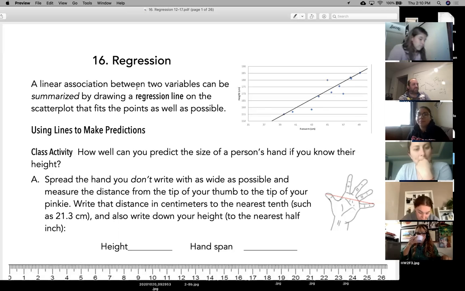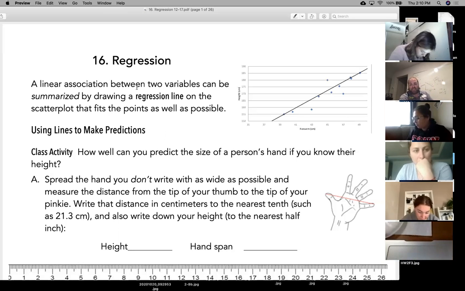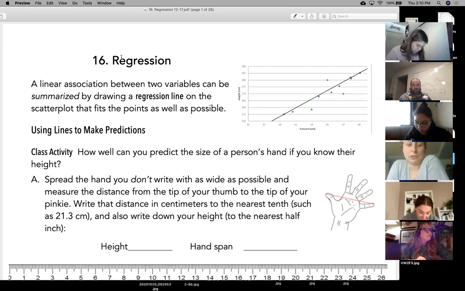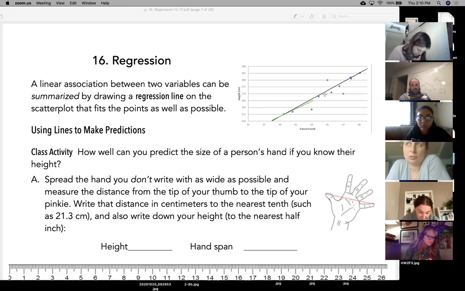However, we're going to examine some of its properties, and we are going to try to understand what makes it the best fit line as opposed to any other line that you might create. So for example, this line here looks pretty good, but how do I know that this line is better than that line, which is really, really similar to it?